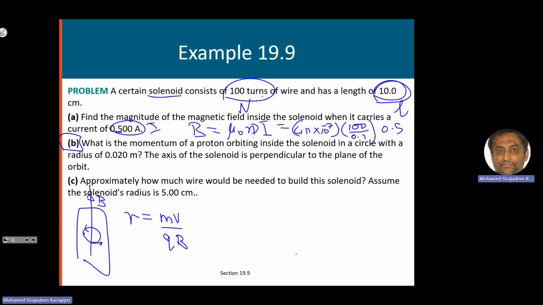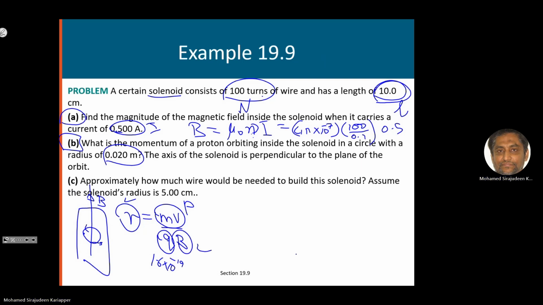Radius is given. This is the momentum. It's a proton, that means we know the charge. Magnetic field was just found in the previous part. Can you find the momentum? Yes, that's it. So the momentum is R, Q, B. R is given, Q is given, B is given. You substitute and get the answer.